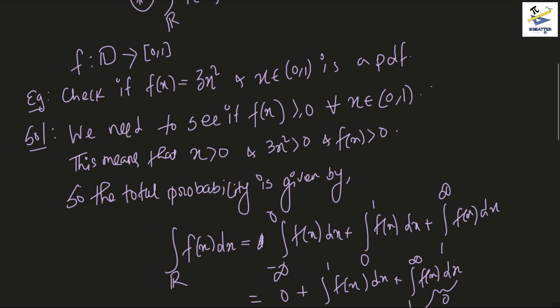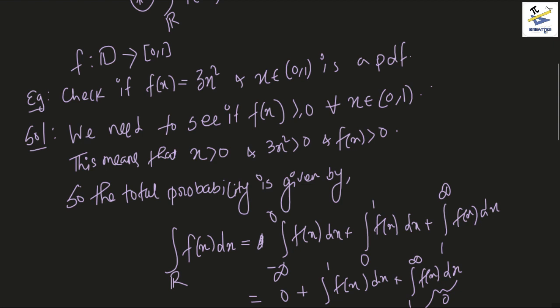So we need to check if f of x equals 3x squared, where x is in the open interval 0 to 1, is a PDF or not. Well, there are two conditions which a PDF needs to satisfy: the condition of non-negativity and the condition that the total probability is 1, right? So how to formally write it?